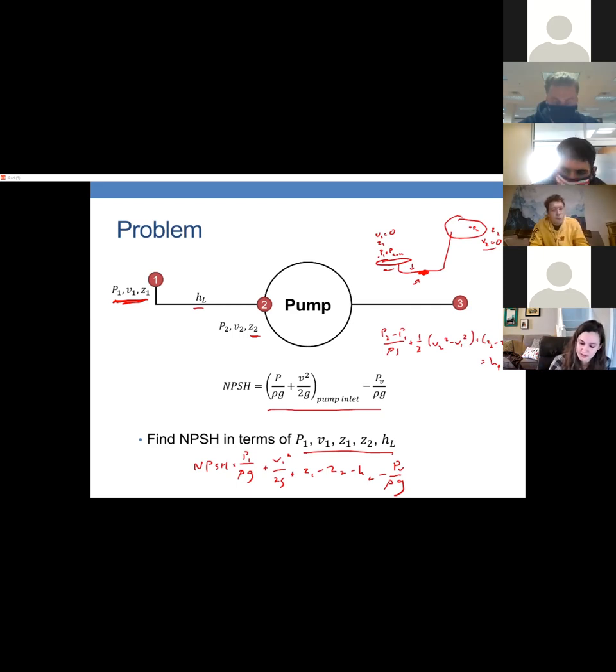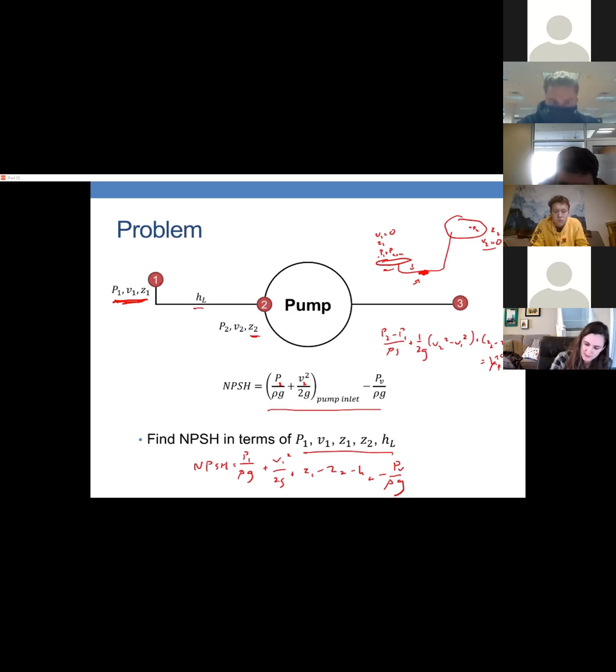What I would do is, here's this. We're going in between 1 and 2, so the pump is not in between those 2 points, so that's just 0. Then I want to solve for P2 plus V2 squared over 2g.